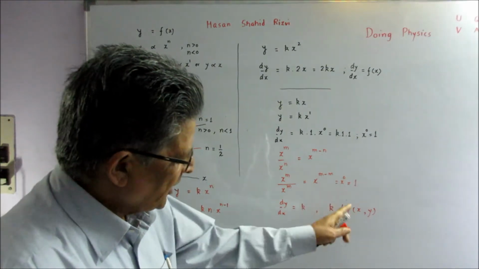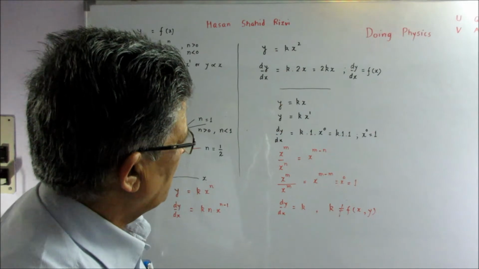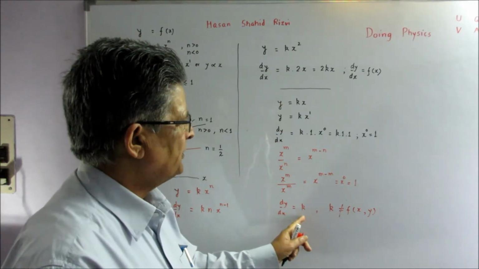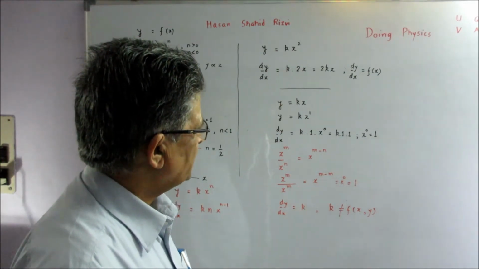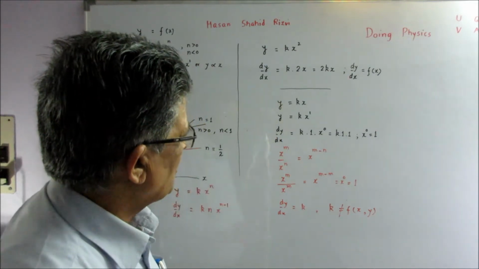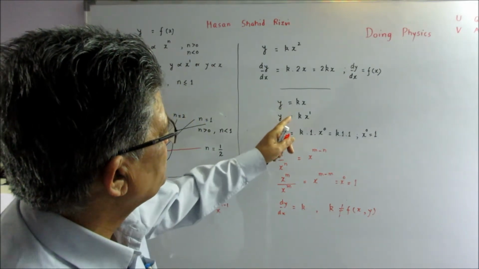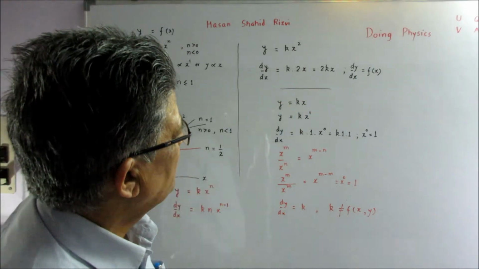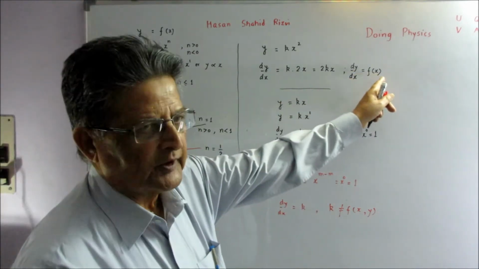It is the constant of the system, and therefore dy/dx is equal to k in this case, but it is not so here. In this case, dy/dx is a function of x.